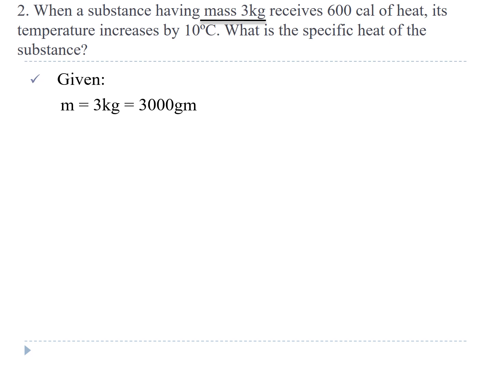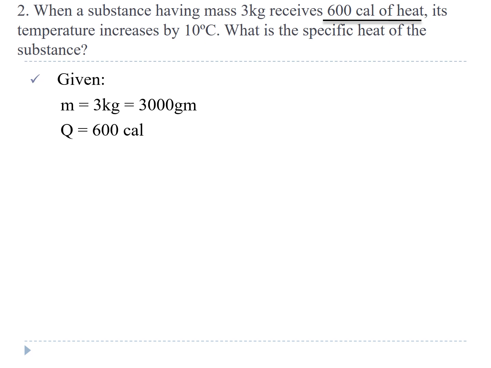We are going to convert it into gram because specific heat has its unit in gram. So 3 kg we have to convert it into gram. We know 1 kg is 1000 gram. So 3 kg will be 3000 gram. Okay, we've multiplied it by 1000. Then we have heat. It is receiving 600 calorie of heat. So Q is equal to 600 cal.